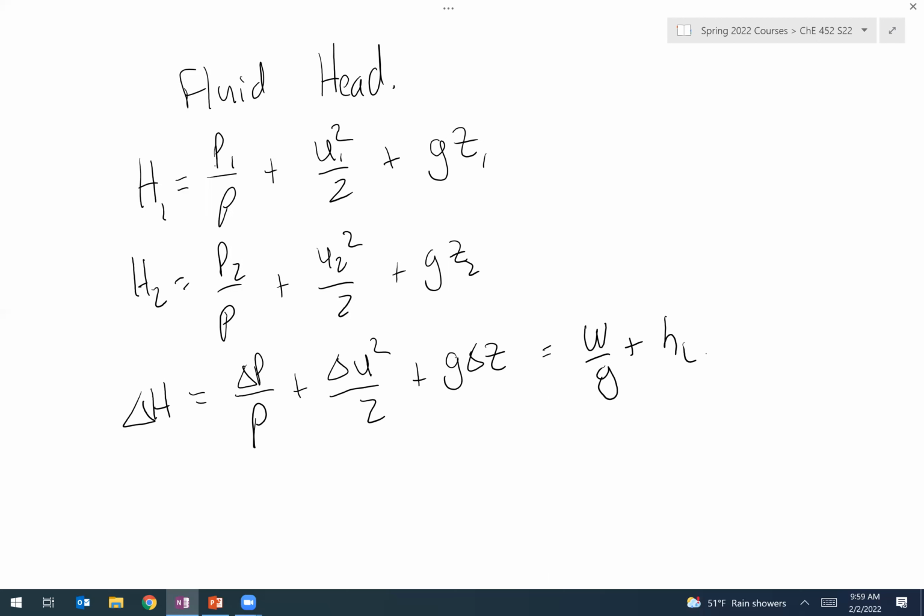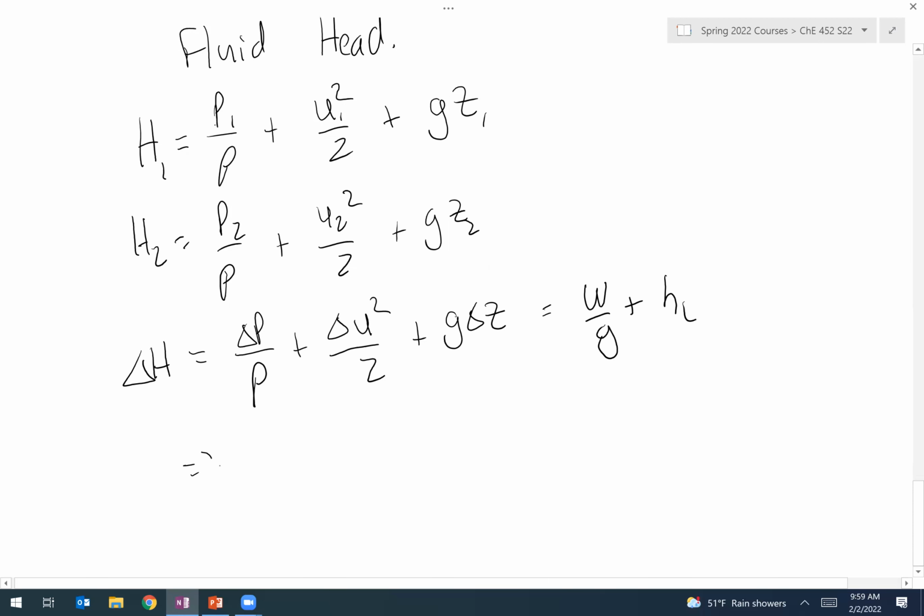Does that make sense? Now, a lot of times we just consider delta H analogous to work, because in those systems, the change in head we're wanting to enforce is the energy input. We'll talk about this again when we talk about pumps and system curves.